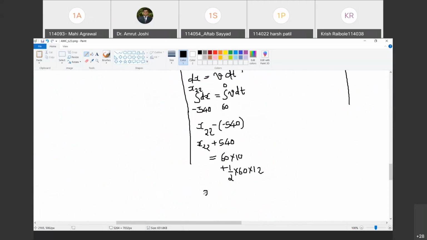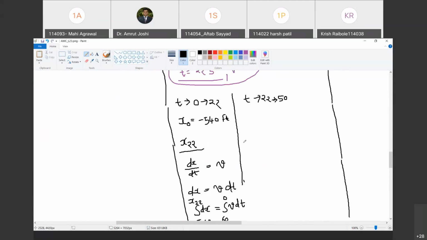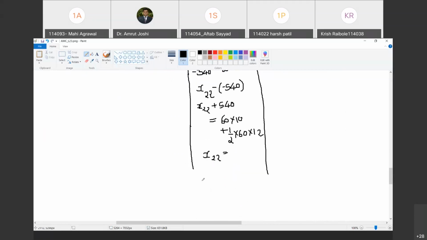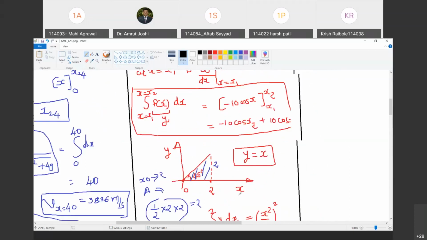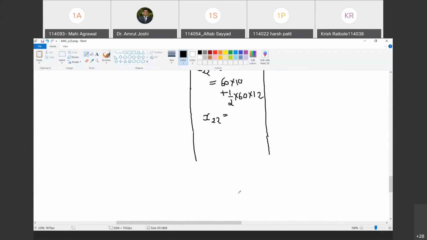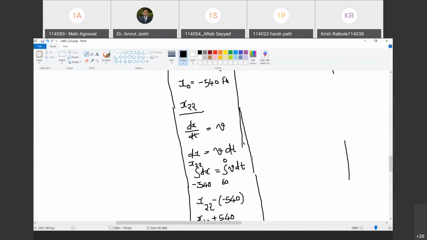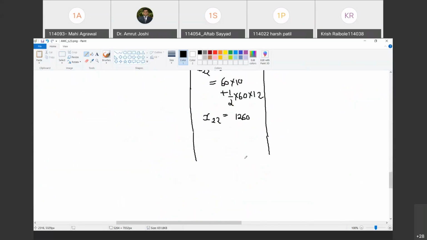Now calculate what is the value of x22. Yes, tell me. So 1260. 1260, unit? So feet. It's in feet.